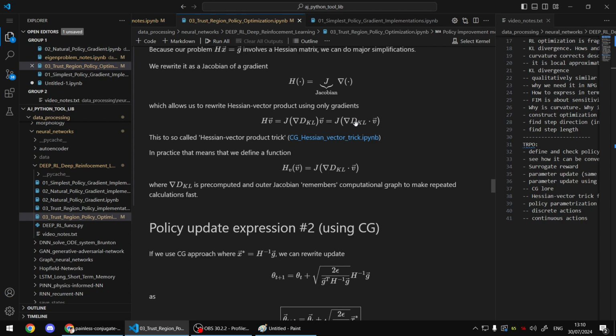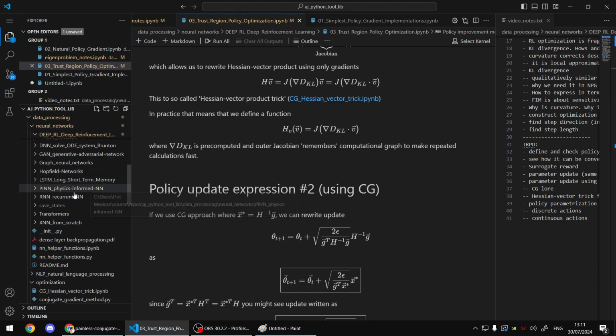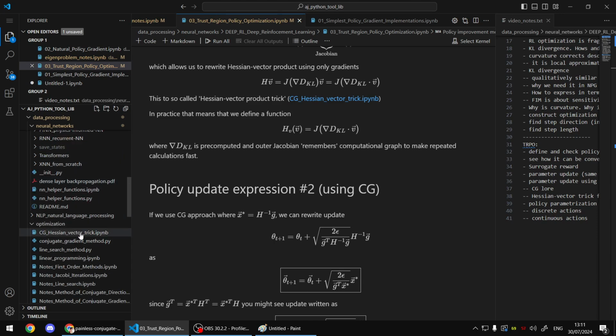Then we multiply it by some vector, which will be like an argument. We can construct a function which will calculate this product, the Hessian vector product, by pre-computing the gradient of scale divergence, multiplying it by this argument vector, and then calculating the gradient. So this is the idea. Maybe I had examples somewhere.